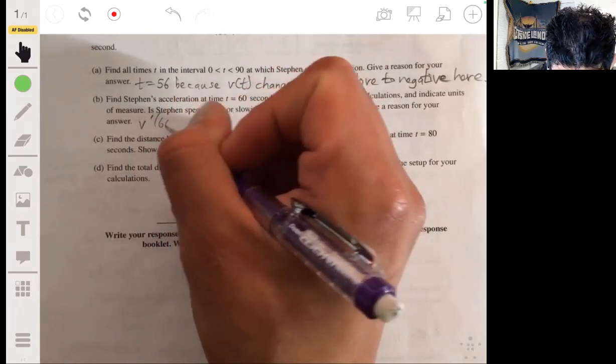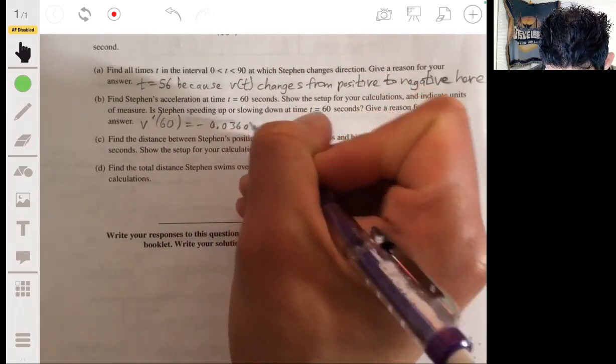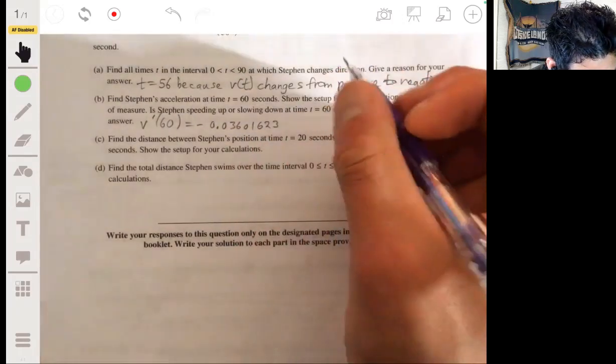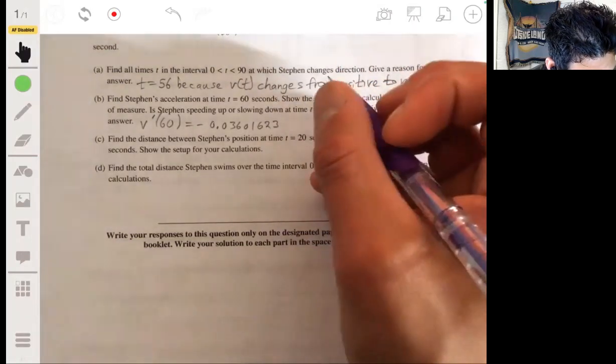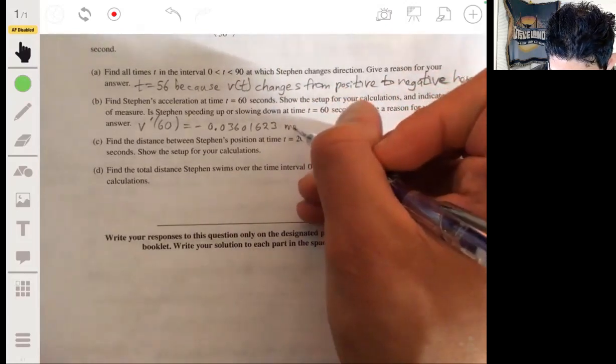V prime of 60 equals about negative 0.03601623, and it's going to be meters per second squared.